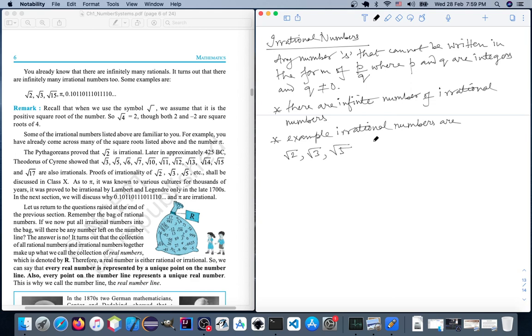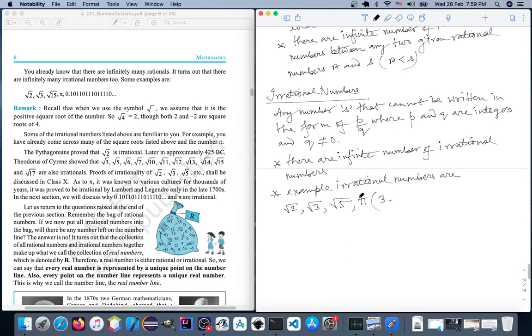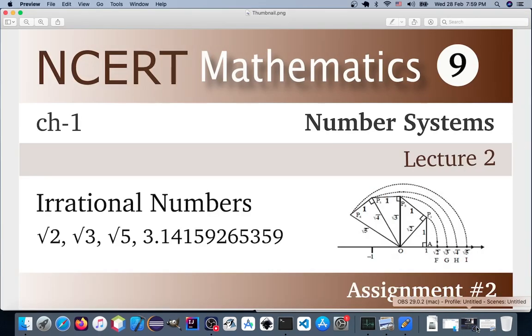You have come across these numbers in your previous classes. Also, you possibly have heard the term pi, whose value is 3.14159.